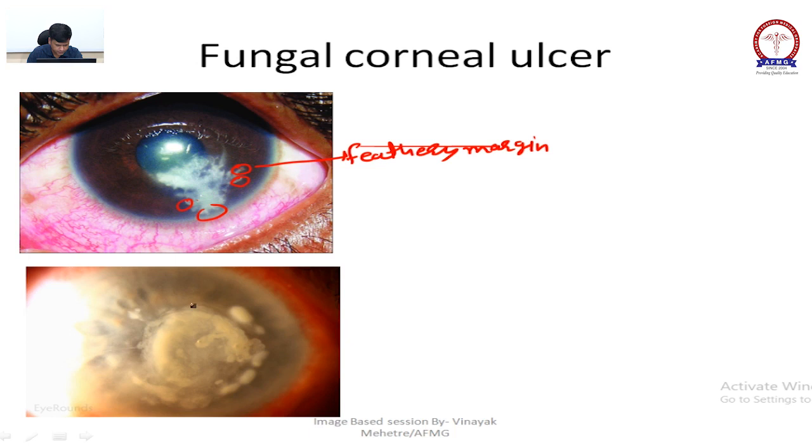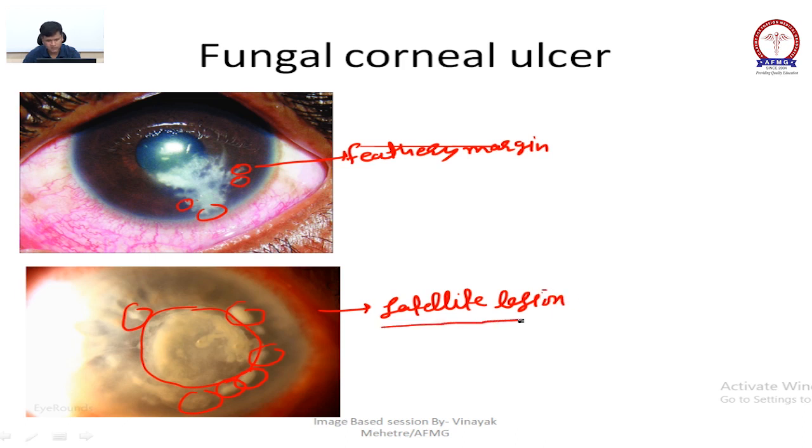In this, see, this is the main lesion, right? These ones are satellite lesions. Satellite lesions are also seen in fungal corneal ulcer.